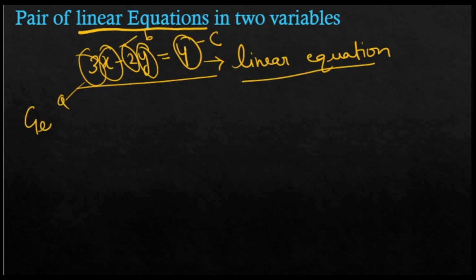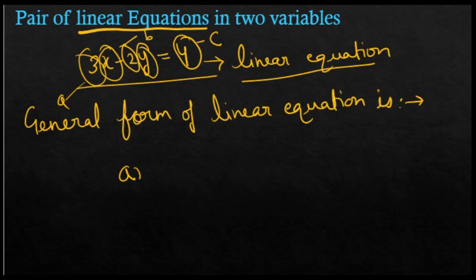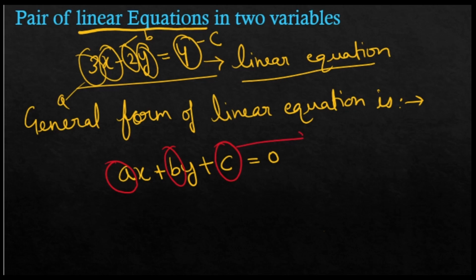And the general form of this linear equation is ax plus by plus c is equal to 0, where a, b, c are real numbers and x, y are the variables.